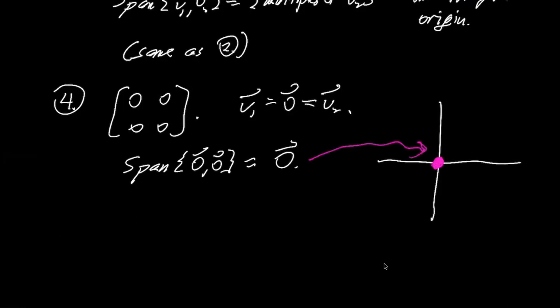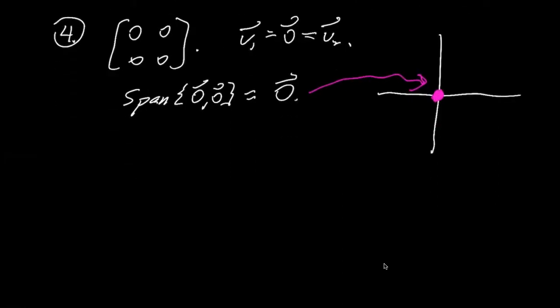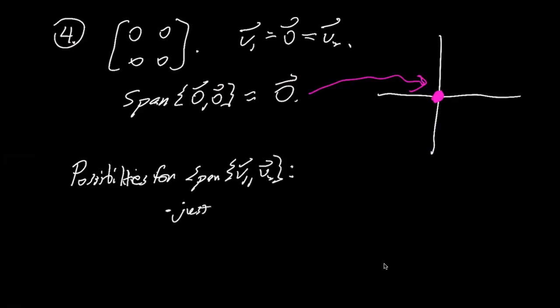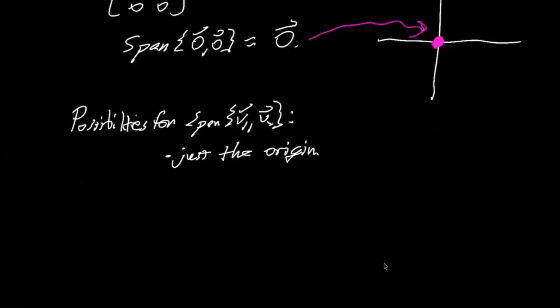Okay, so those are all the possibilities for a span, and it's worth thinking about. It's either a point, which really is just the origin. So maybe I should write this out. The possibilities then, from least interesting to most interesting, for the span of 2 vectors in 2D: you can either get just the origin, or a line through the origin.